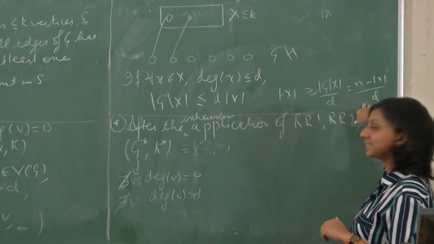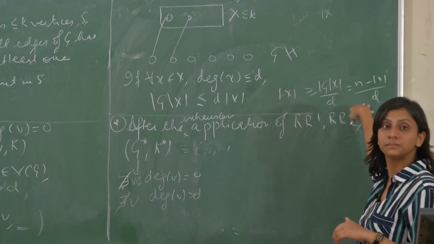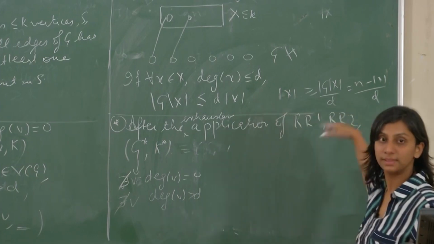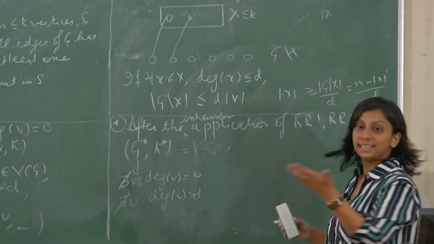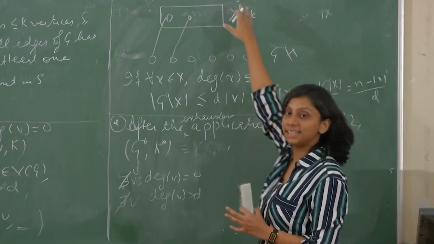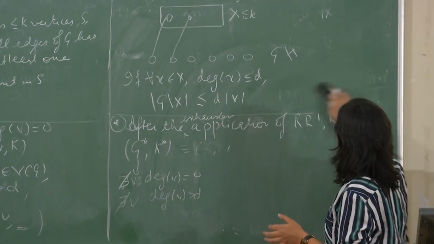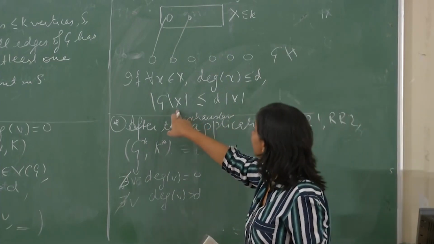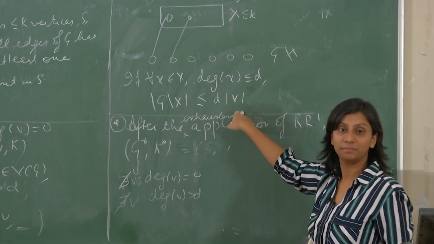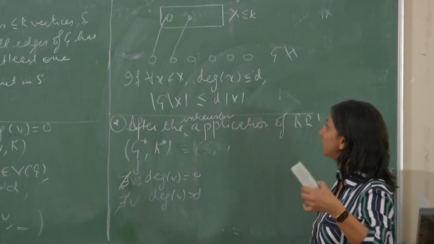So does this give anything? Yes, it's again the same argument. If it's a yes instance, then we know that G minus X has size D minus X.